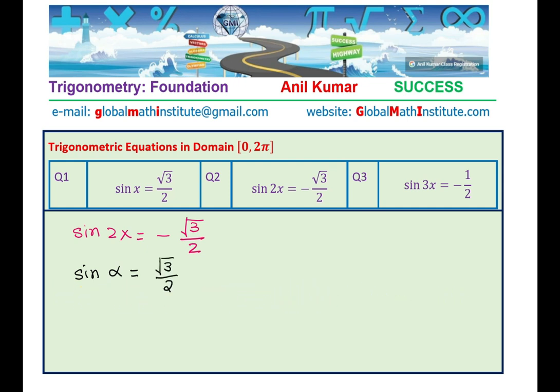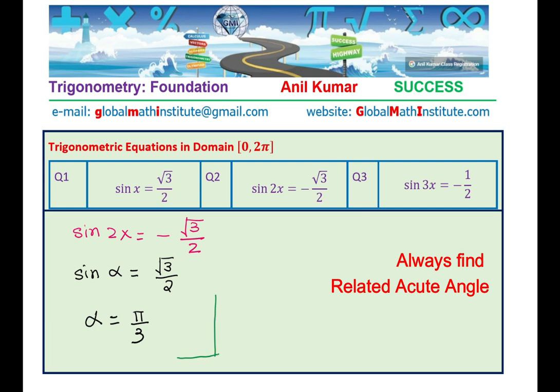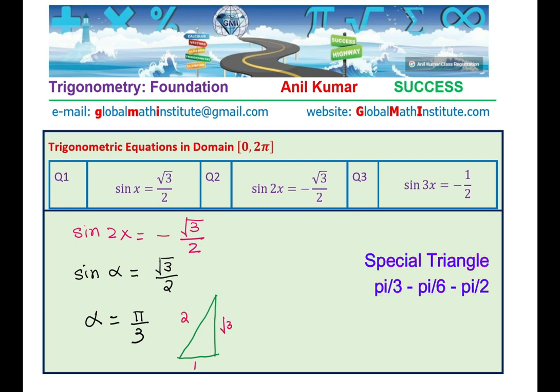Related acute angle means you are working in quadrant 1, so it has to be positive. And we know that alpha is equal to pi by 3. The best way to know this is to use the special triangle, as we did in the last case, where the sides are 1, 2, square root 3. So the related acute angle is pi by 3 for 2x.